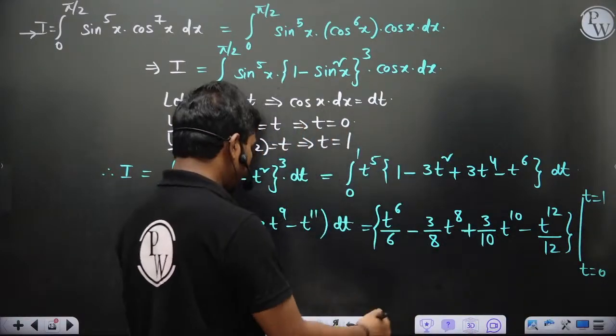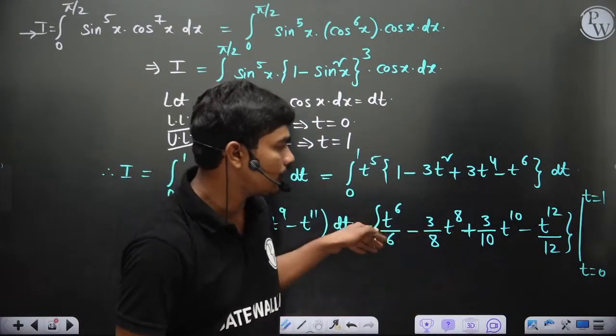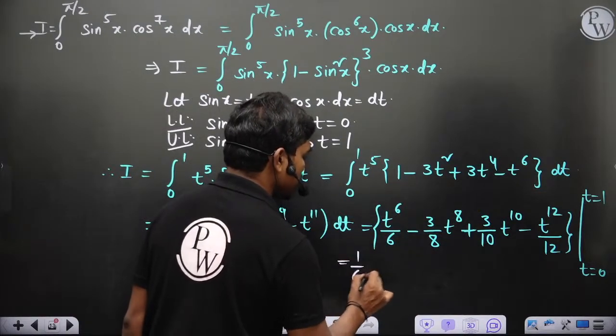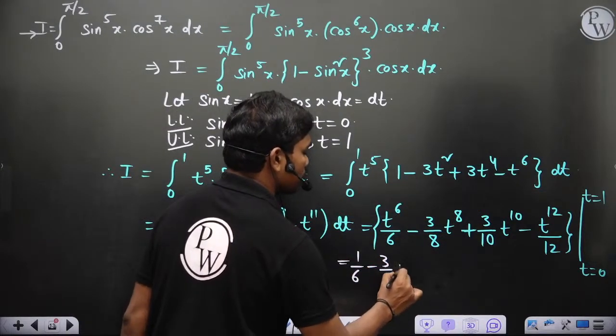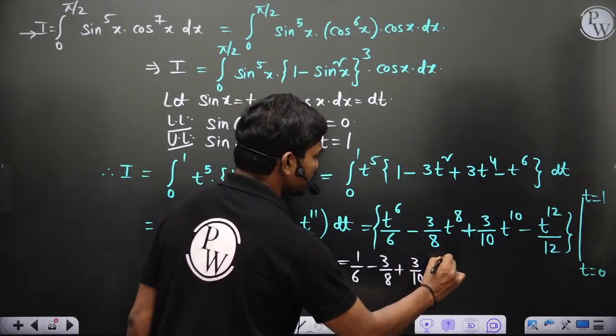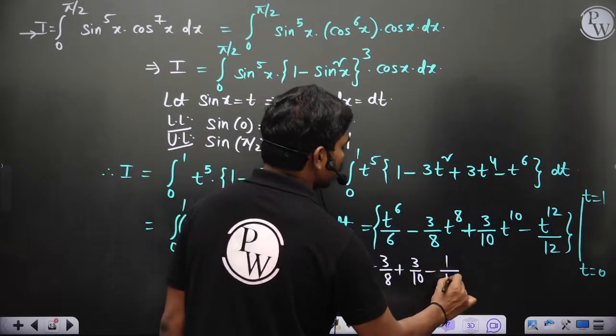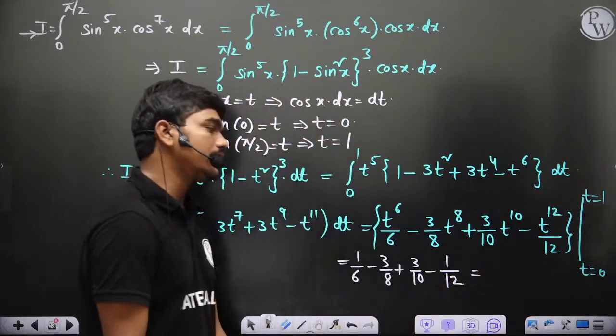If you put t equal to 0, each and every term is 0, but if you put t equal to 1, it becomes 1 by 6 minus 3 by 8 plus 3 by 10 minus 1 by 12.